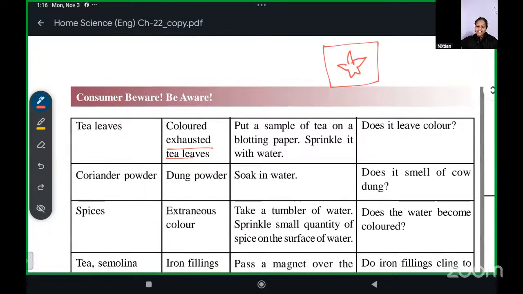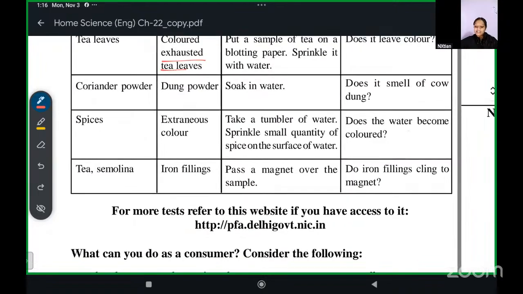Okay. Then spices. Spices are your red chili, your haldi powder, turmeric powder, and all of these that we use in the food while making a sabzi, a vegetable when we're cooking. Those are also adulterated using extraneous colors, artificial coloring and all.